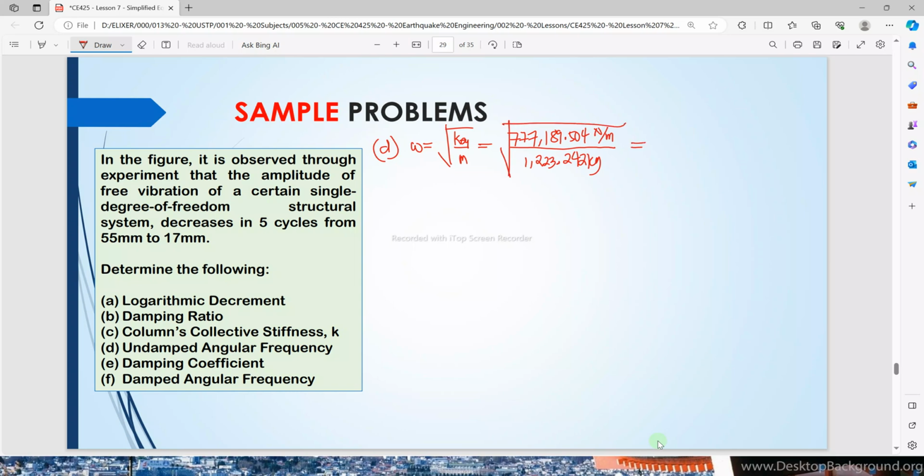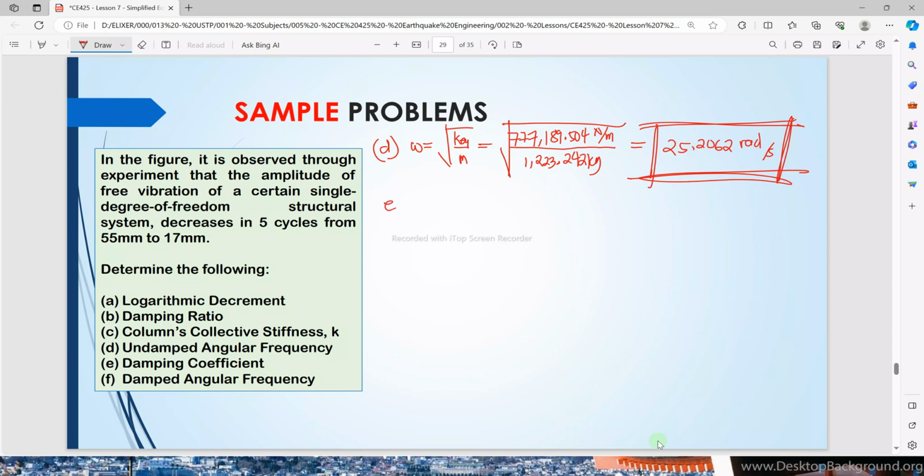And we'll have an undamped angular frequency equal to 25.2062 radians per second.